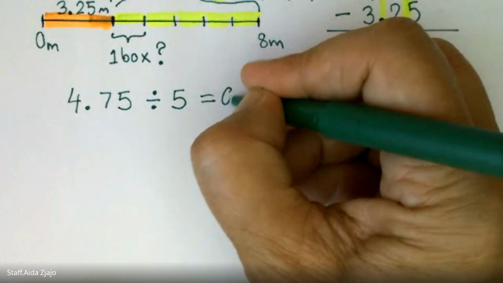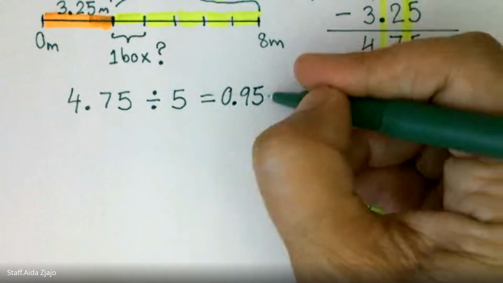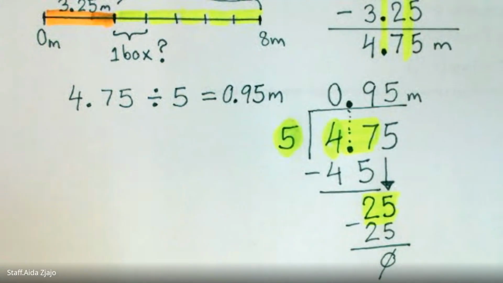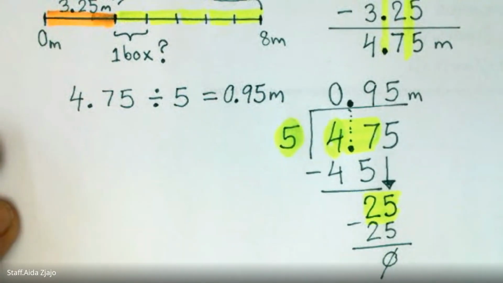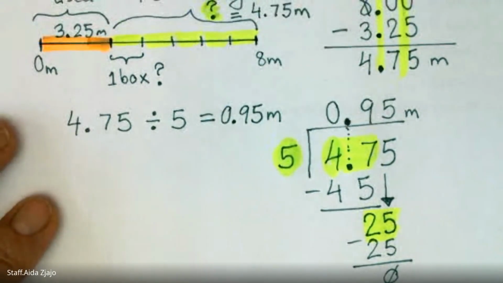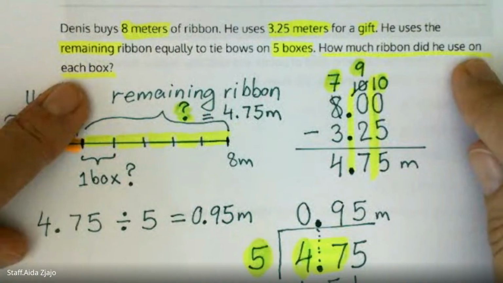So 0.95, 0 and 95 hundredths of a meter will be used for each box. And then we need to write the answer. We can use language from the question: How much ribbon did he use on each box?